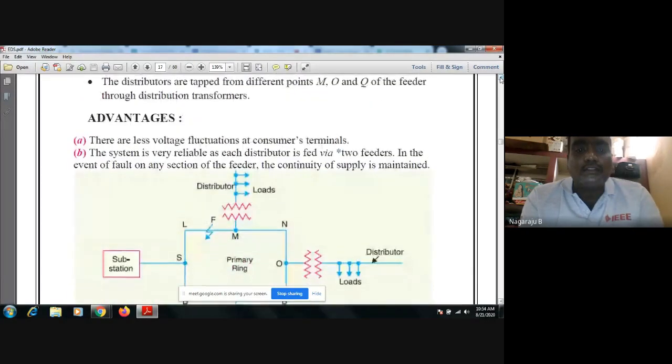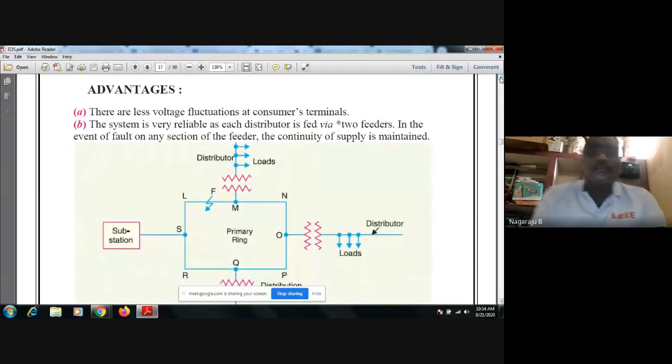Here, this is the single line diagram of the radial main type, like the loop type. I have the substation here. From the S point, we have the distributor feeders connection and the distributors connection.